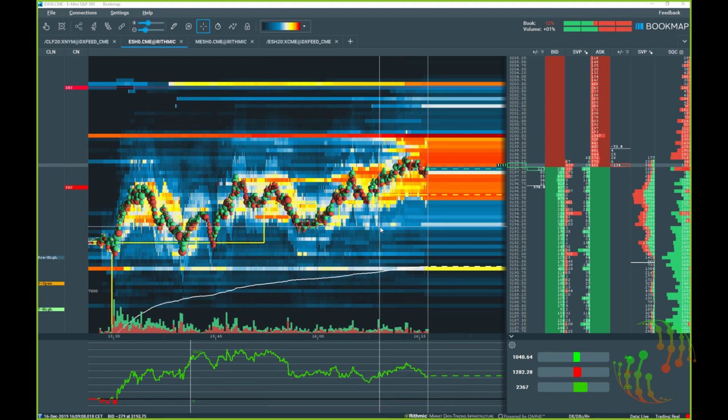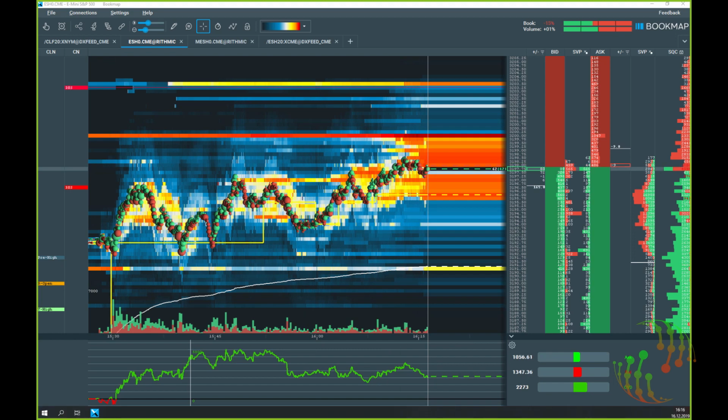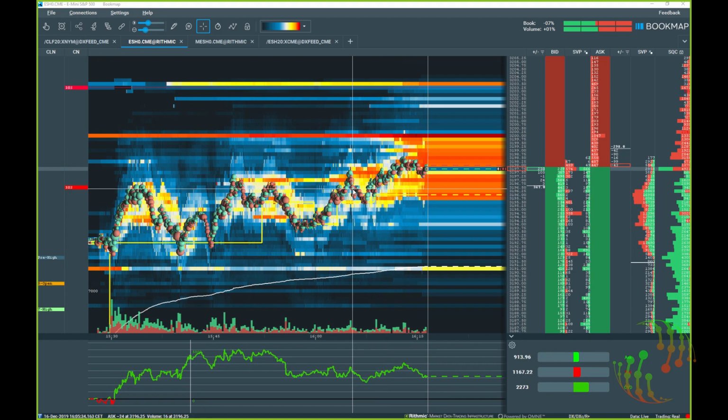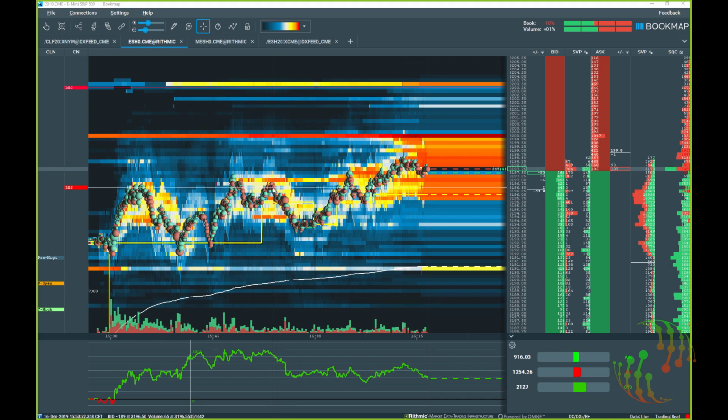I'm not against indicators. There are several very, very good indicators out there. And last year I've been trying to get education from other colleagues who have another view on the markets. That's absolutely important to understand and to see other angles of the market.